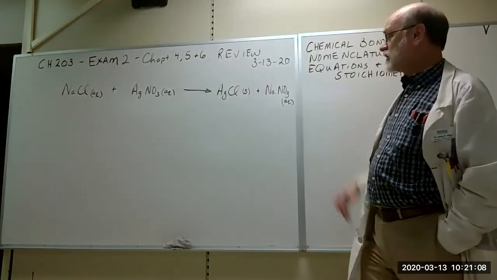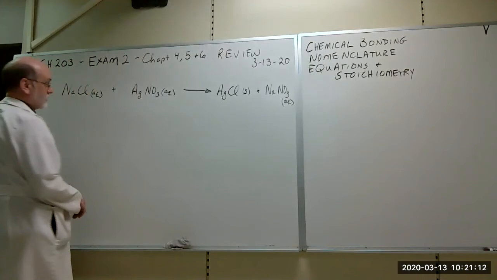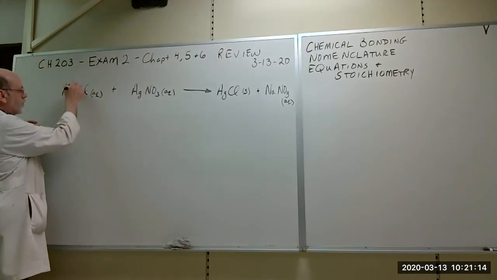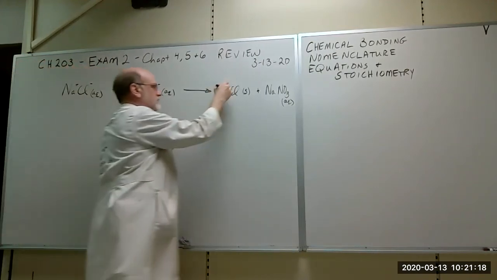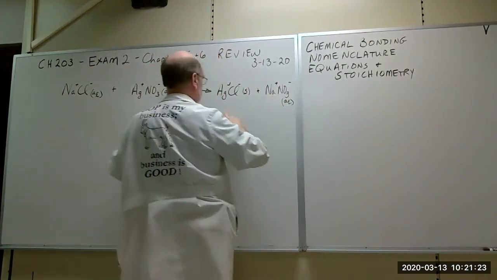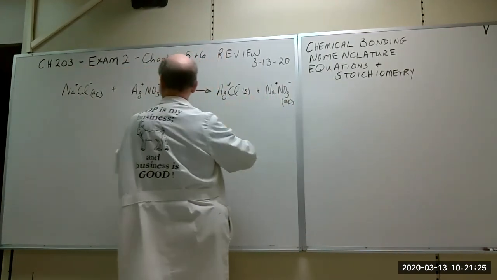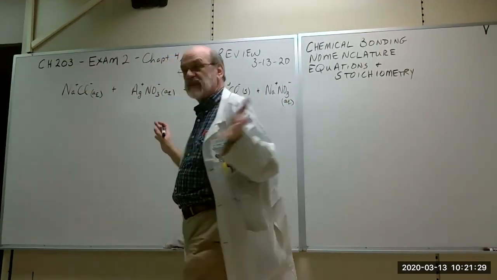Okay, so there's our equation. We just need to see if it's balanced. And I think it is balanced already, right? Because you have 1 plus, 1 minus, 1 plus, 1 minus. We have 1 sodium, 1 chloride, 1 silver, 1 nitrate. So we don't have to balance this one.